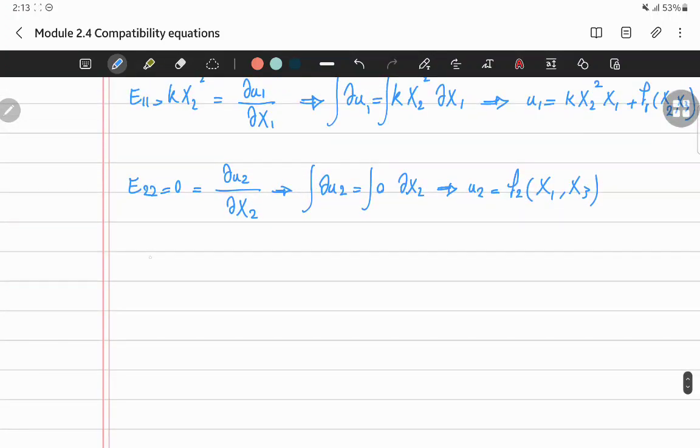And I also have e12, which is half of the partial derivative of u1 with respect to x2 plus u2 with respect to x1, is equal to 0.